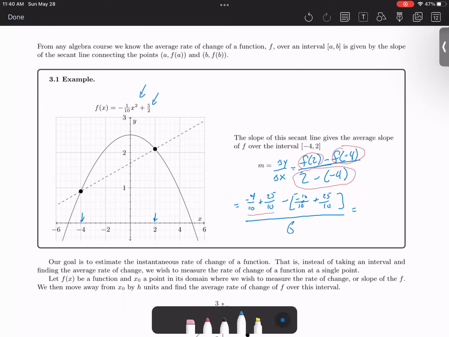All right, what's the y value at 2? If I take 25 minus 4, that's 21/10. So that y value right there is 21/10, or 2.1. I then subtract the y value in the brackets, the function value at -4. If I take 25 minus 16, that leaves me with a 9.